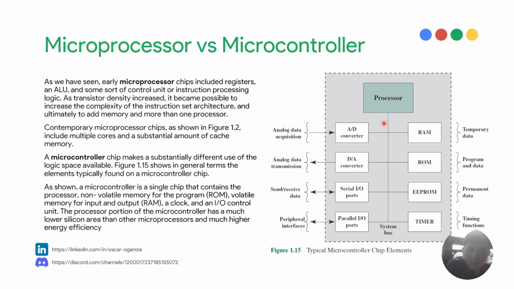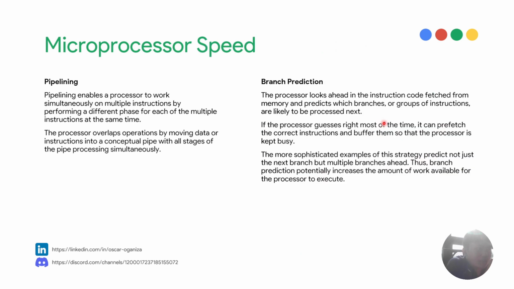The microprocessor only has an arithmetic logic unit, control unit, and registers. On the other hand, the microcontroller is like a mini computer wherein it has temporary data or memory. It also has input-output ports, a clock, and converters like analog to digital and digital to analog. So those are the differences.